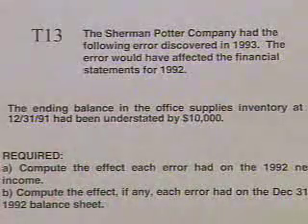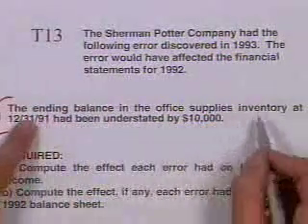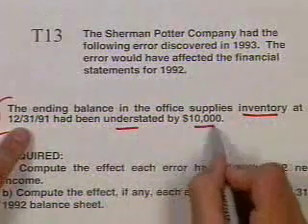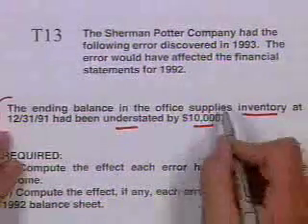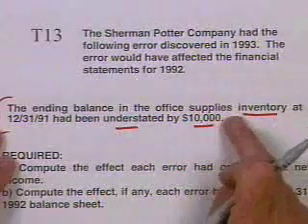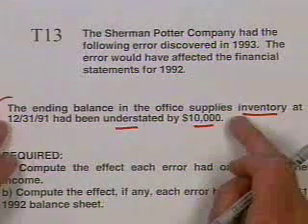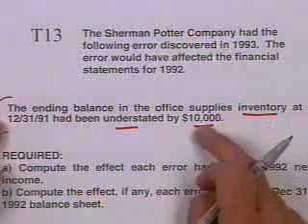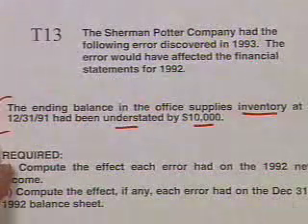The error for this company is that the ending balance in an inventory account was understated by $10,000. What that means is it's an asset, at the end of the year, $10,000 lower than it should have been. It was stated at 90, it should have been 100, for instance. That's the basic idea here. It's very important to keep track of the dates in these kinds of questions.